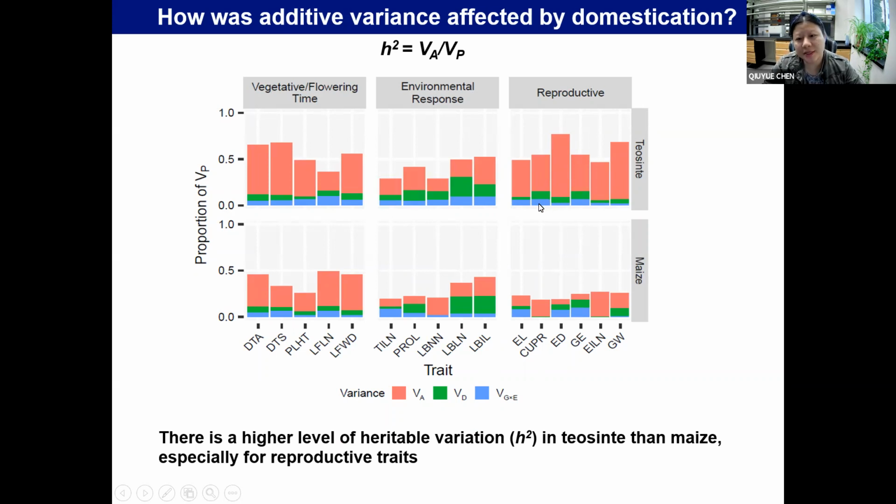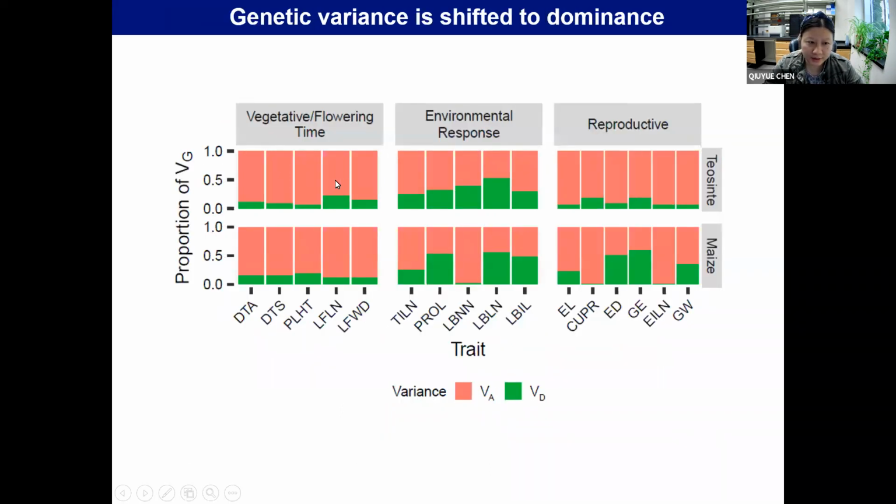This suggests that the additive genetic variance is depleted during domestication. And then by plotting the proportion of genetic variance, which is the sum of additive and dominance variance, we can find the genetic variance is shifted to dominance. Again, especially for the reproductive traits.